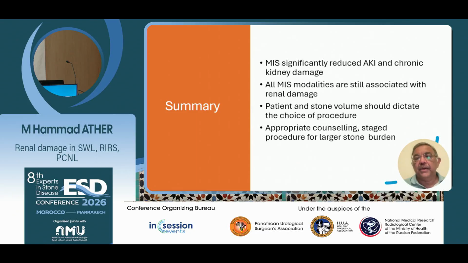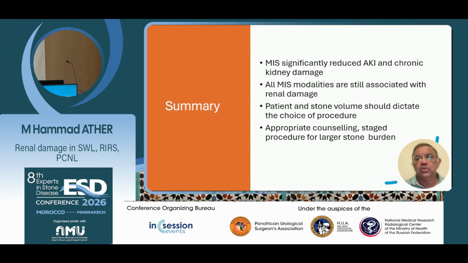So, in summary, ladies and gentlemen, the introduction of minimally invasive surgical options to the endourologist, including ESWL, ureteroscopy, and PCNL, has significantly decreased the chances of long-term damage.